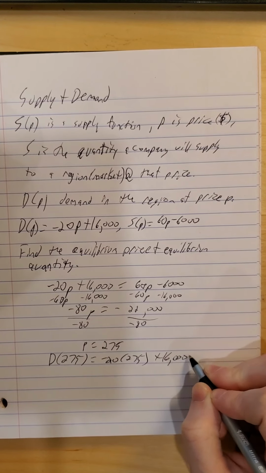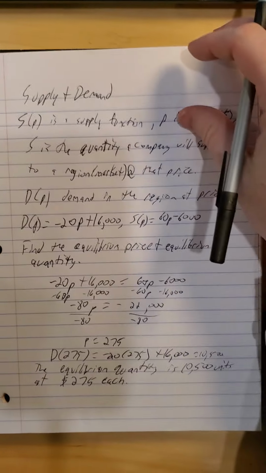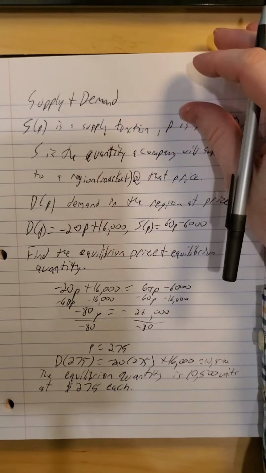So the equilibrium quantity is 10,500 units of whatever we're selling at $275 each. So don't forget what types of units these are measuring. One's measuring dollars, one's measuring units sold.